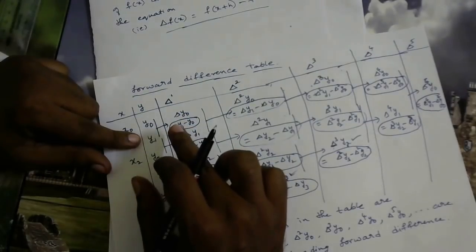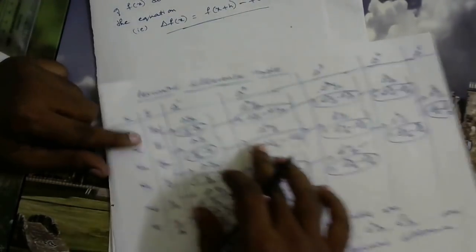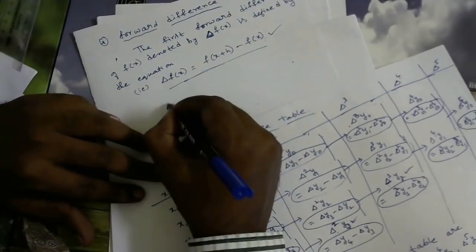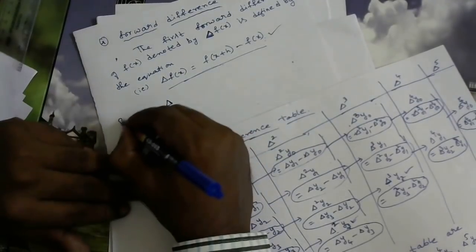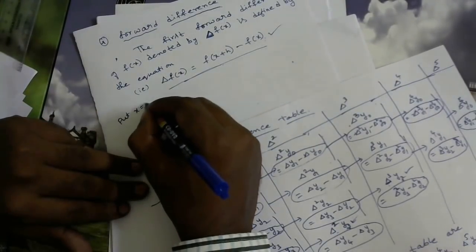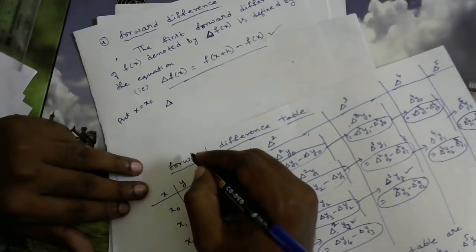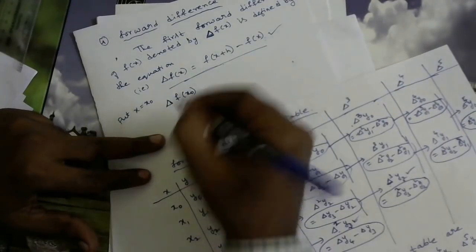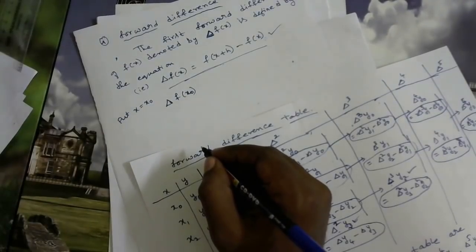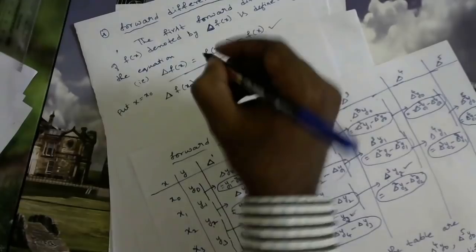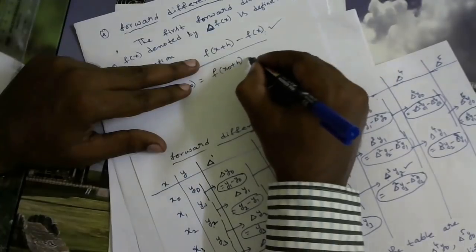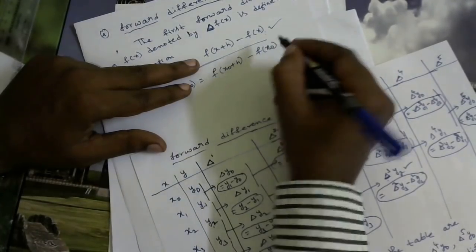Look here, how do we get this one? Delta y naught equals y suffix 1 minus y naught. How do you get it using the definition? Here I put x equals x naught. So delta f of x naught equals f of x naught plus h minus f of x naught.